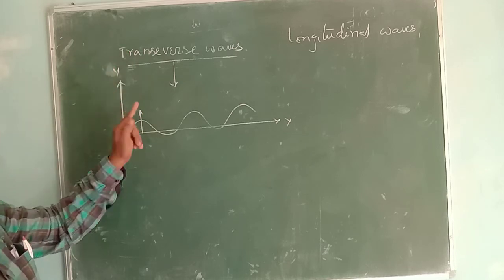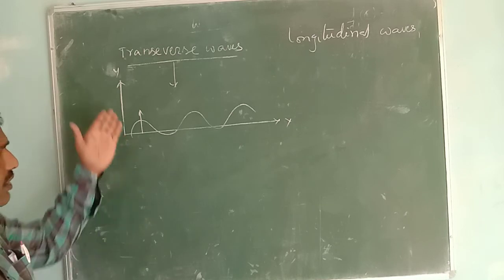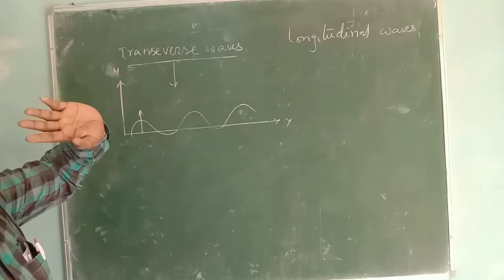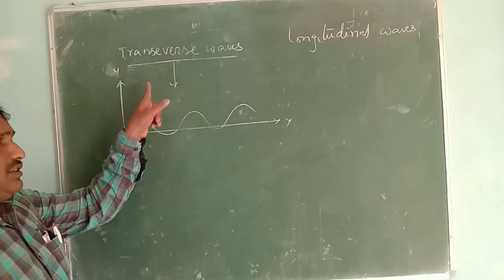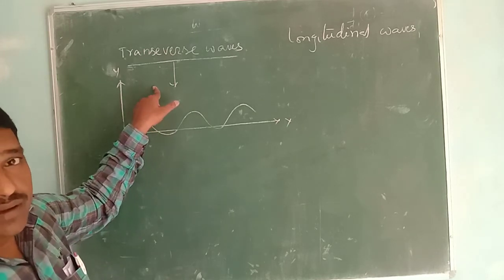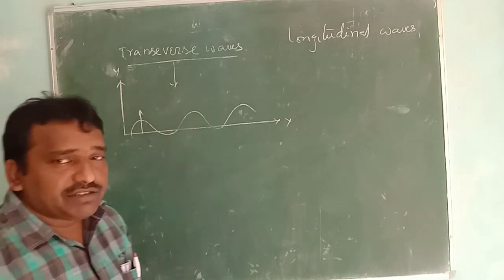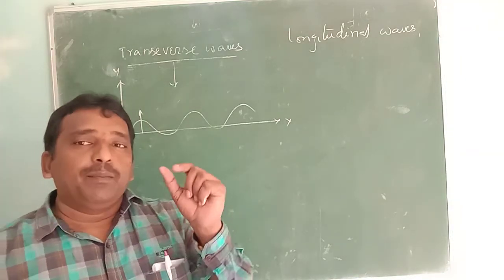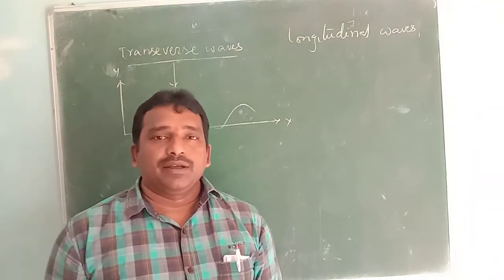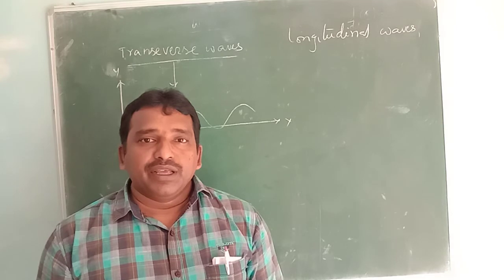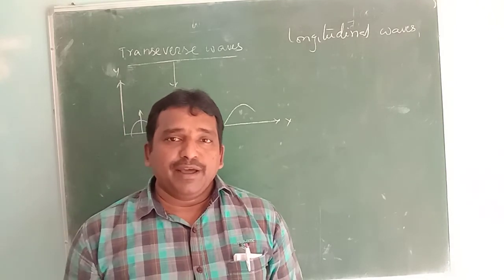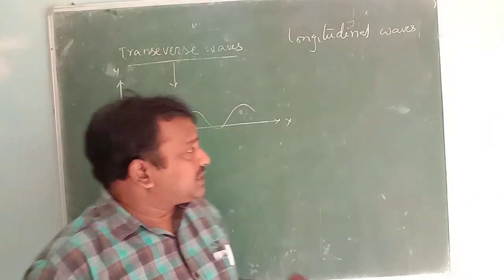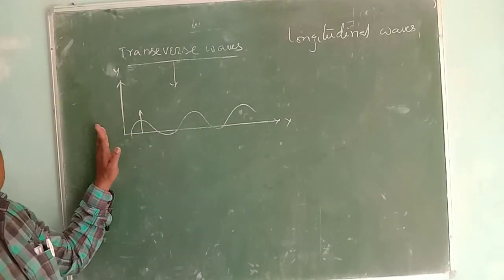If both are perpendicular to each other, then the waves are said to be transverse waves. So transverse waves means the propagation of the wave is perpendicular to the vibration of the particles of the medium.